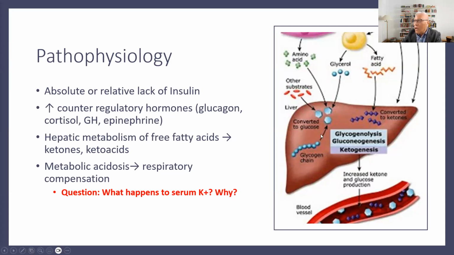Now, I want to emphasize that Kussmaul's respirations is actually a pattern of breathing as a compensatory mechanism to blow off the acid. So as you could see in patients with diabetic ketoacidosis, they have a prolonged expiratory phase. So they breathe like this. And this is an effort to blow off the carbon dioxide.